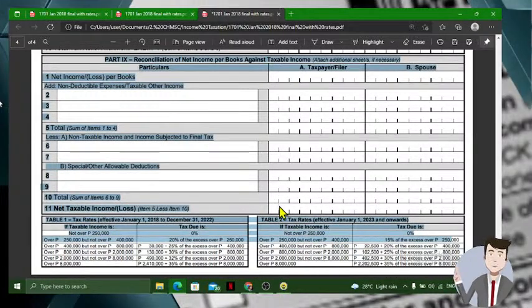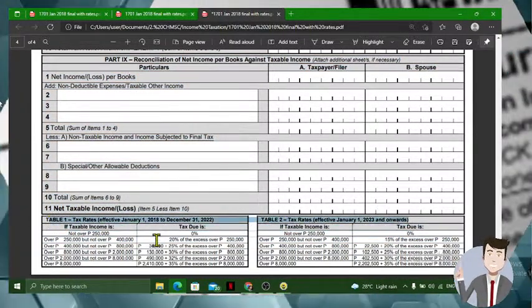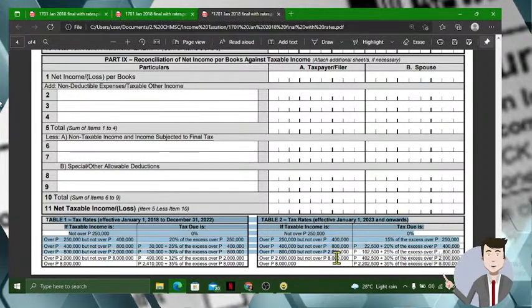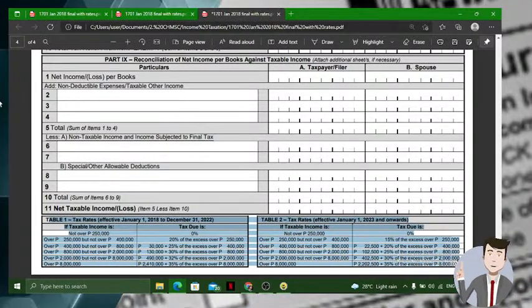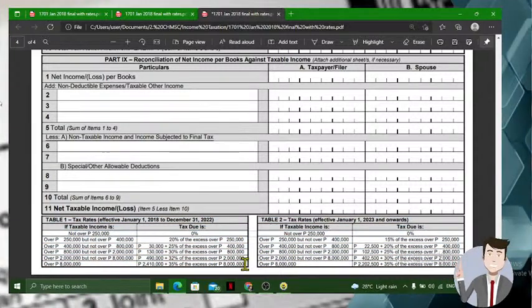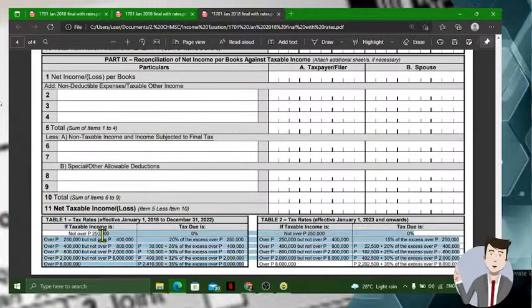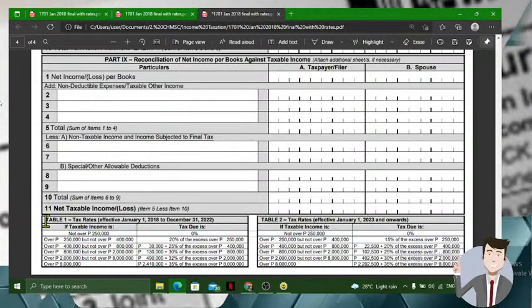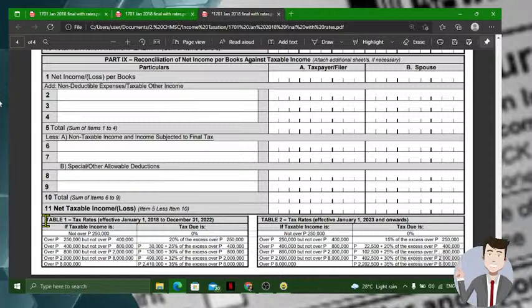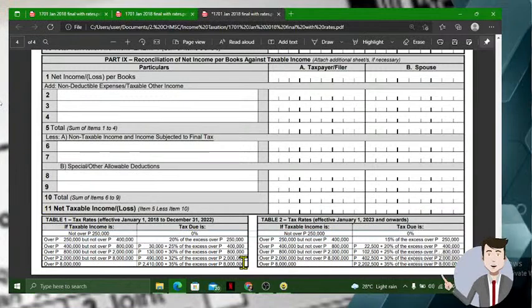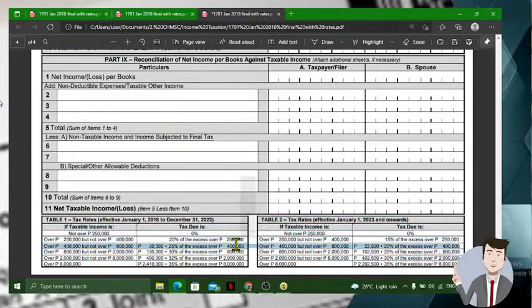And lastly, there are tables applicable for the computation of our income tax due. We have already discussed how to use this graduated income tax table. So for our filing of BIR Form 1701 for the taxable year 2021, this is the table that we are going to use, this one.